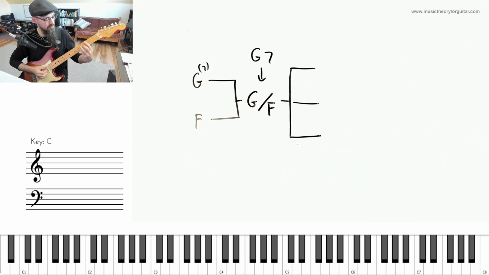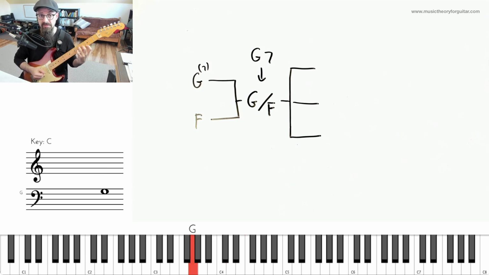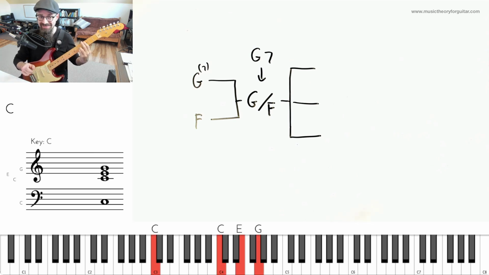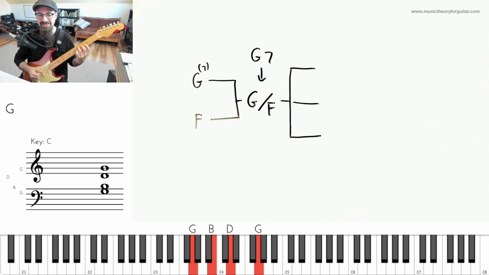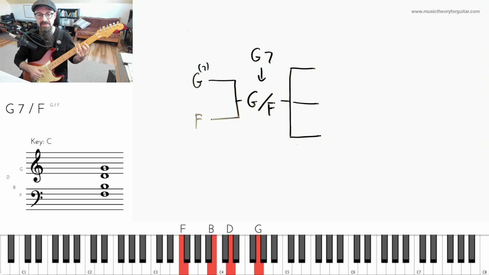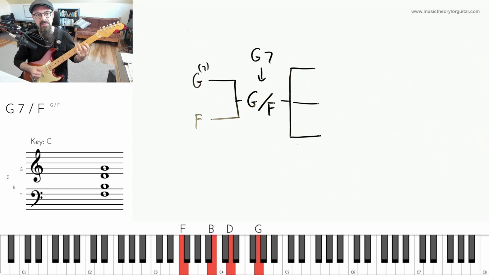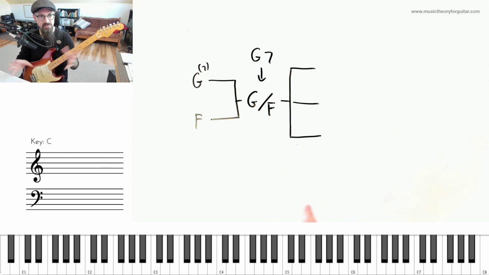If I'm in a chord progression and I play, I don't know, C, then G, and then I'm playing G over F, and then I continue. You see that since I already have a G, I'm changing only the bass note, and so even if this chord is mildly dissonant, it doesn't sound super surprising or out of place.